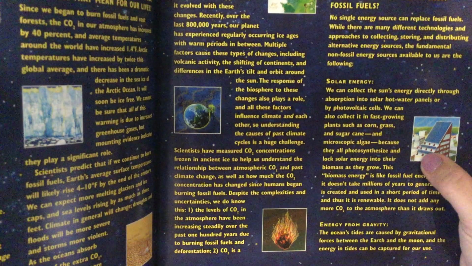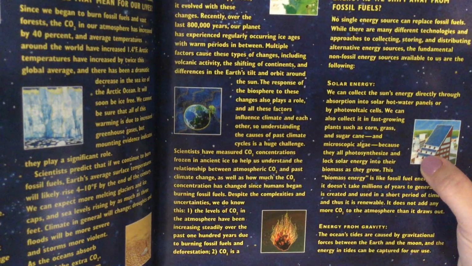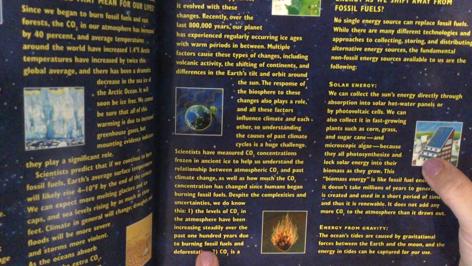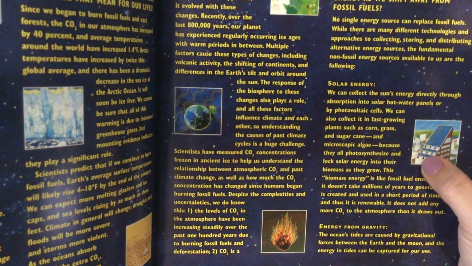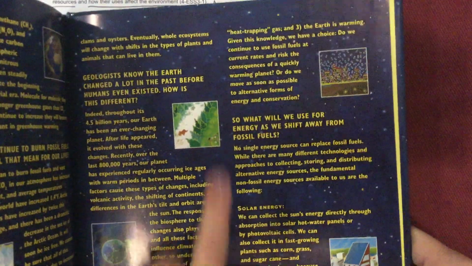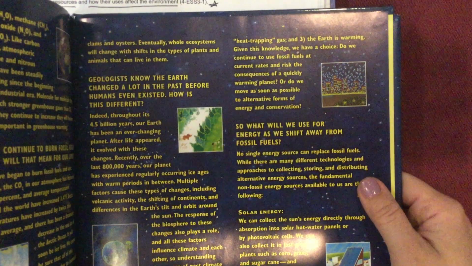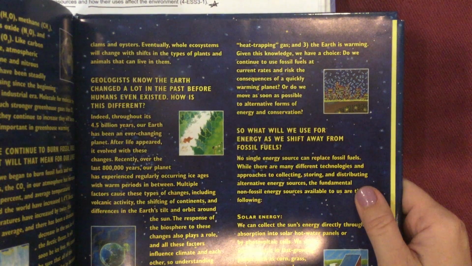The level of CO2 in the atmosphere has been increasing steadily over the past 100 years due to burning fossil fuels and deforestation. 2. CO2 is a heat-trapping gas. And 3. The Earth is warming.